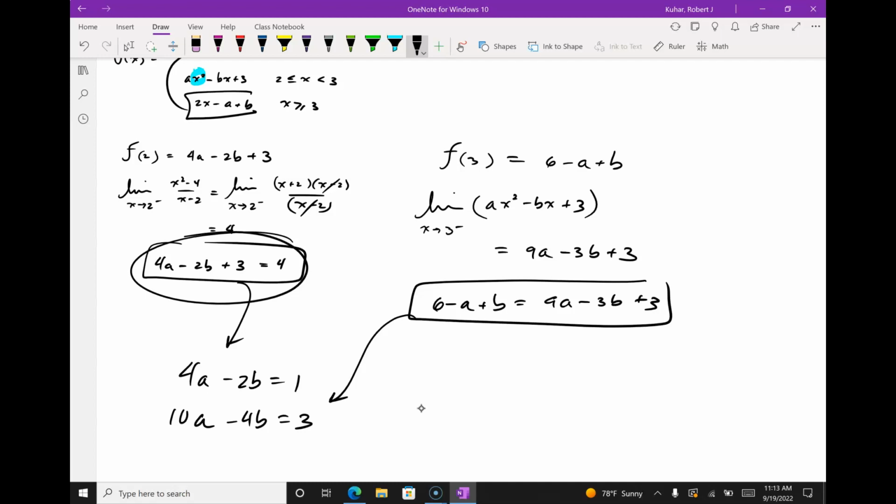Yes, Elizabeth. Because I already know that it's going to be a step of 3. Remember, I want to make it continuous, right? So I already know f of 3 and the limit to the right are the same thing.